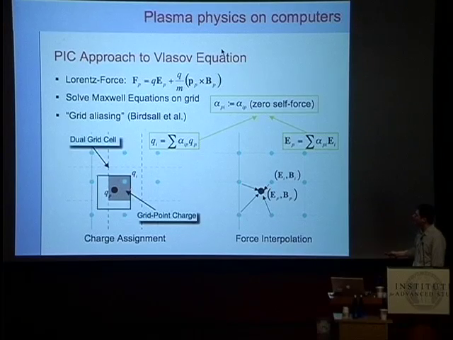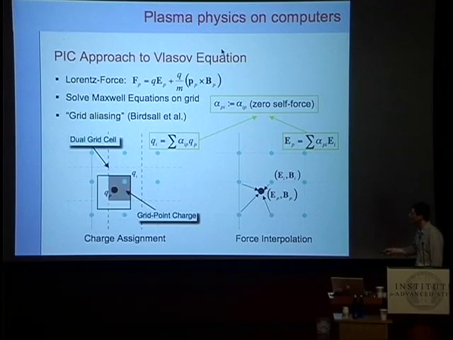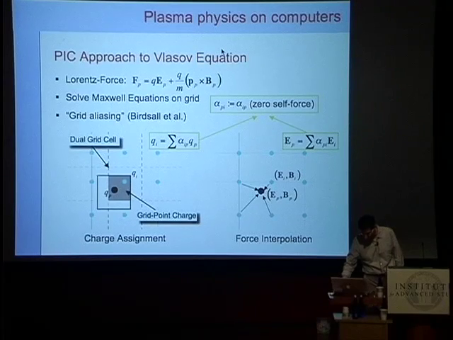So this way, you would collect the charges onto the grid. Then you would solve the Maxwell's equations. You would solve the electric fields, for example, from these charges. And then you would interpolate the electric fields back to the location of the particle and move the particle on with the Lorentz force.